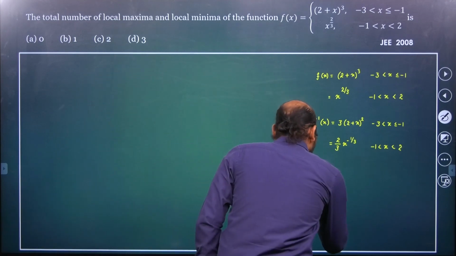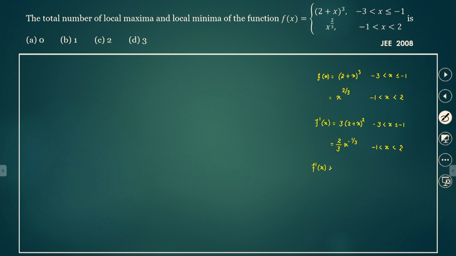So f'(x) ≥ 0 for -3 ≤ x ≤ -1, which means f must not have a local max or min here. So we don't have to consider local max and local min in this part.